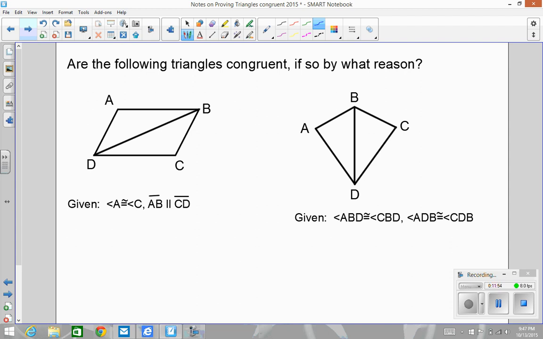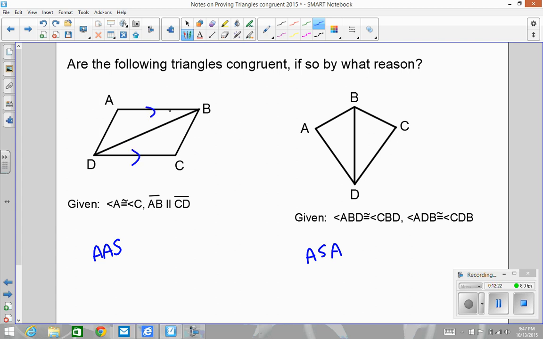All right, let's put this last one in here. Pause the video, do these, turn the video on when you're ready to look at it. All right, so this one would be angle, angle, side. This one would be angle, side, angle.